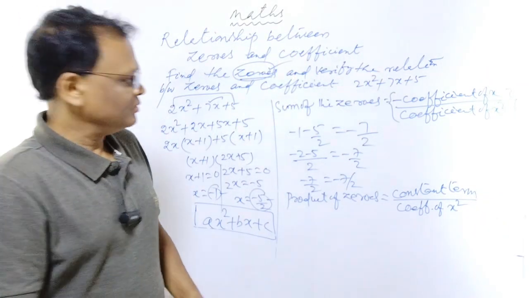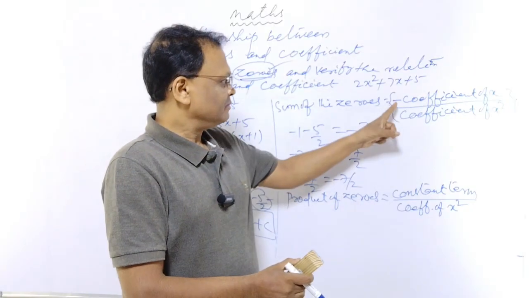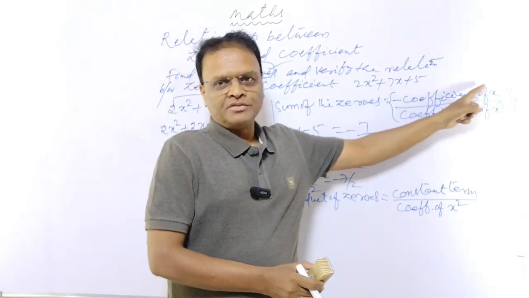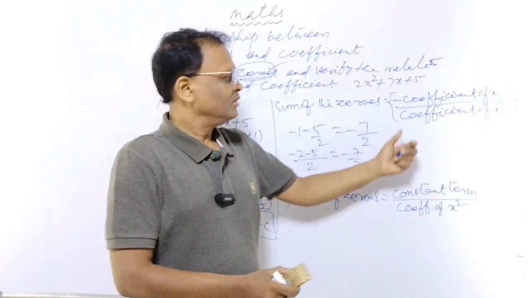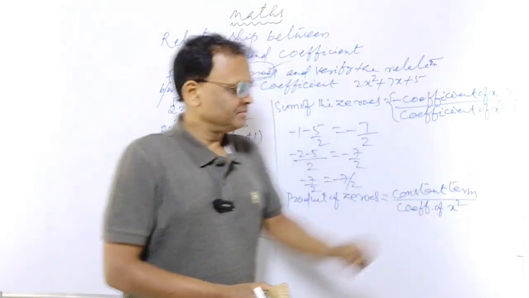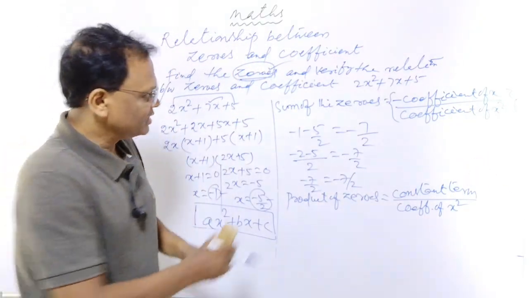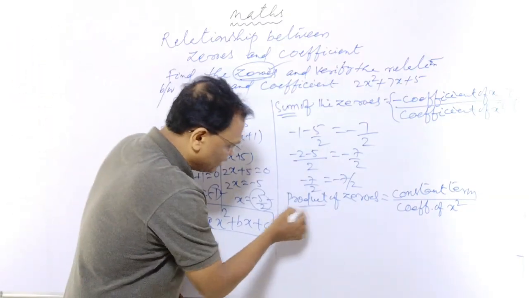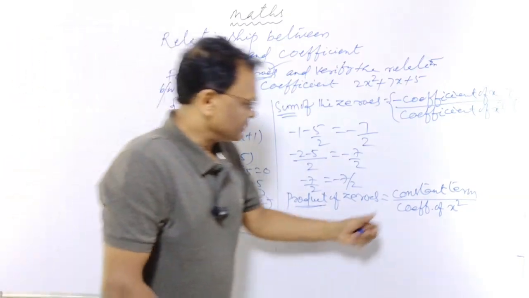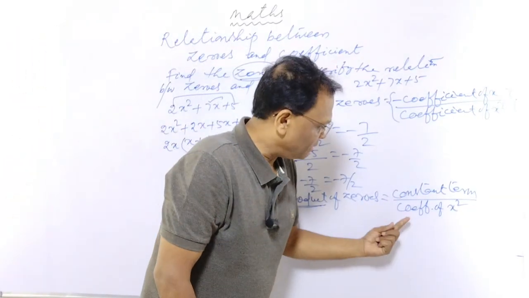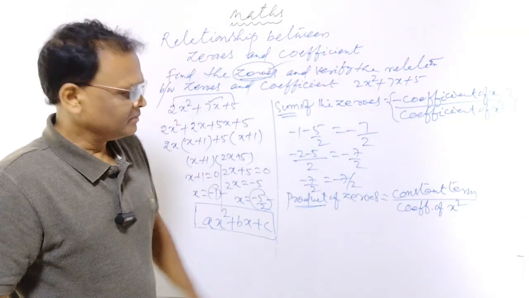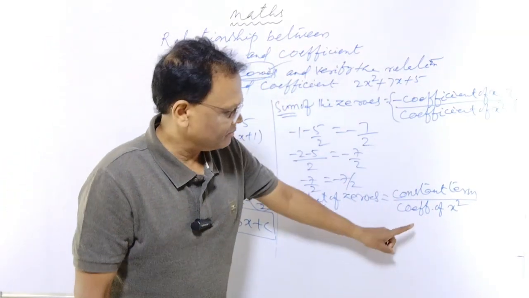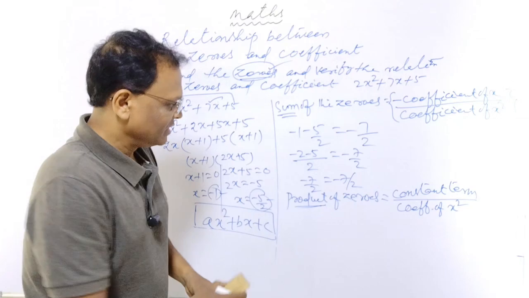This is for the product. For the sum, it is minus the coefficient of x by the coefficient of x square. This is for the sum of the zeros. For the product of the zeros, it is the constant term by the coefficient of x square.